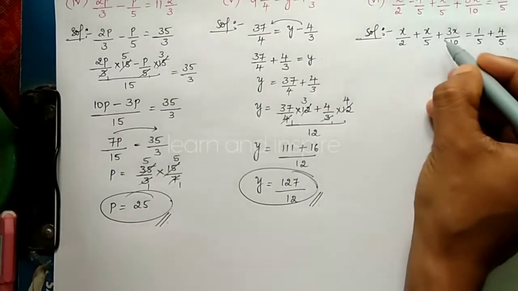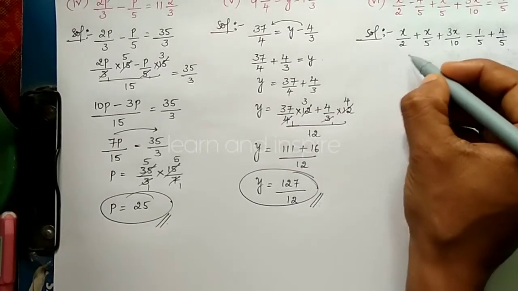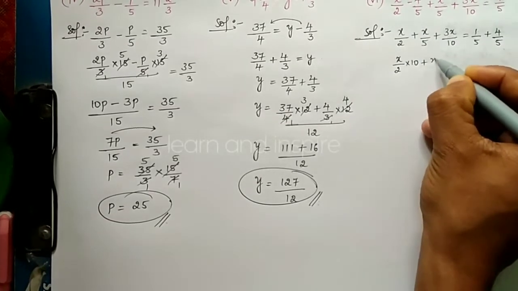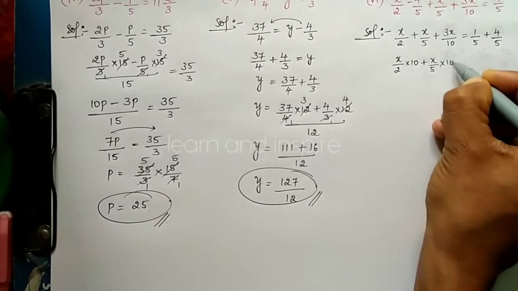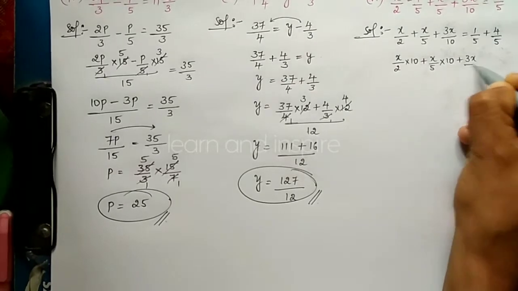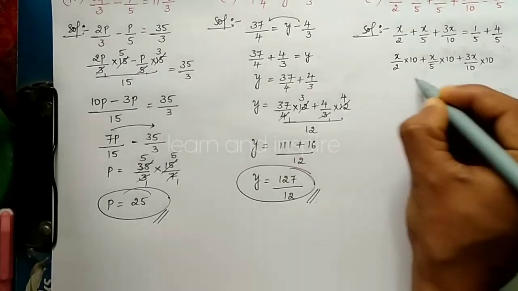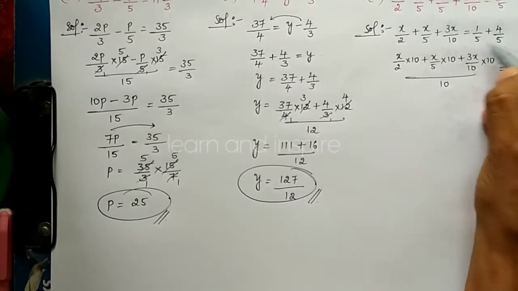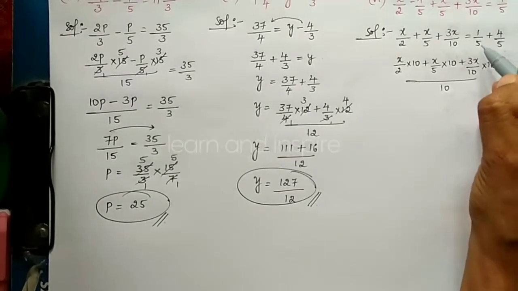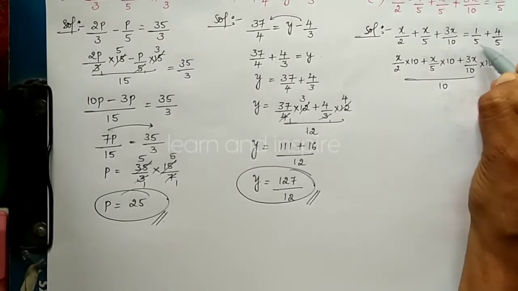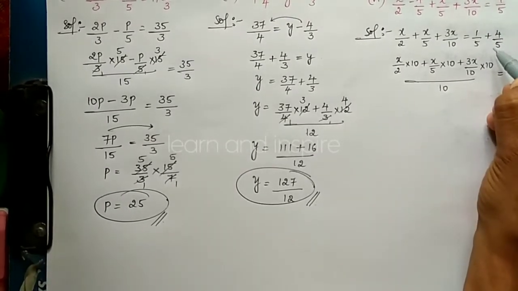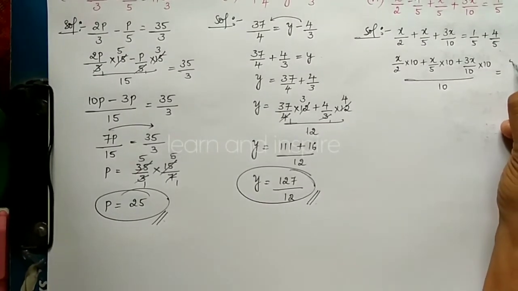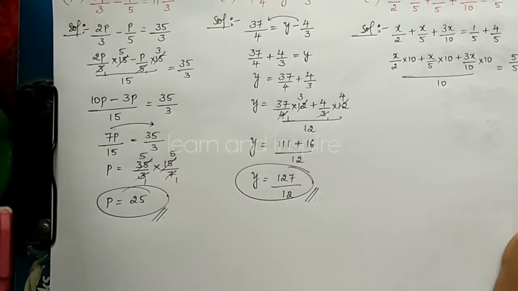Now we multiply each term with 10: x by 2 into 10 plus x by 5 into 10 plus 3x by 10 into 10, whole divided by 10. On RHS we have like fractions because both denominators are the same, so we can add the numerators directly: 1 plus 4 is 5, 5 divided by 5.